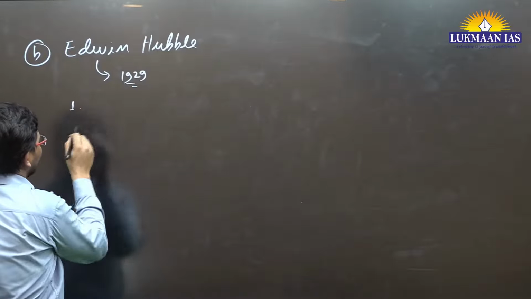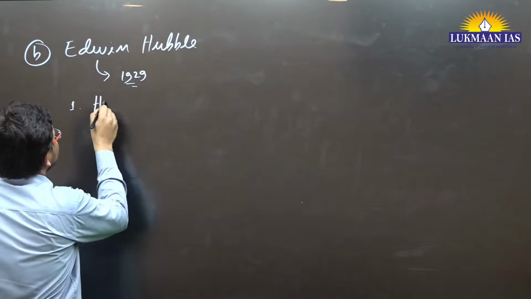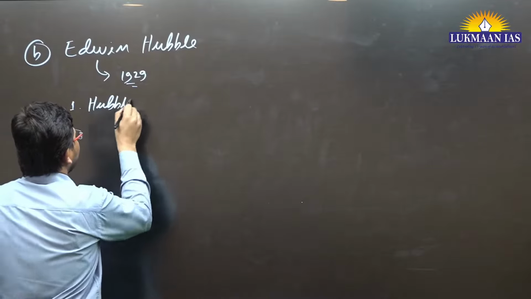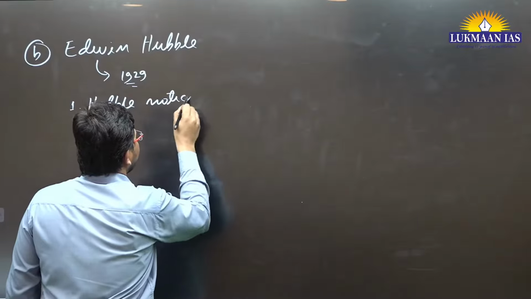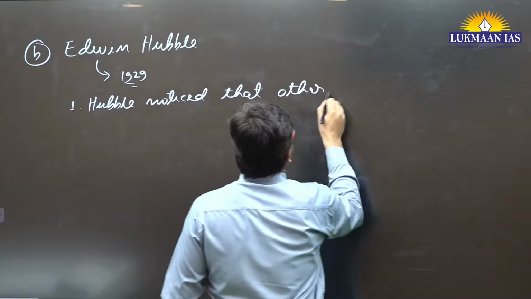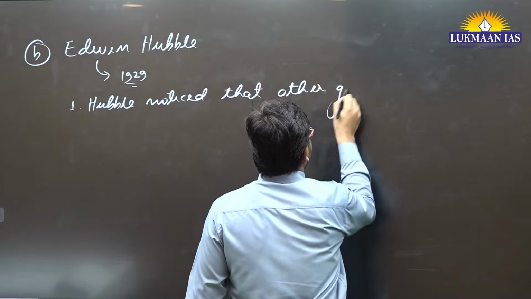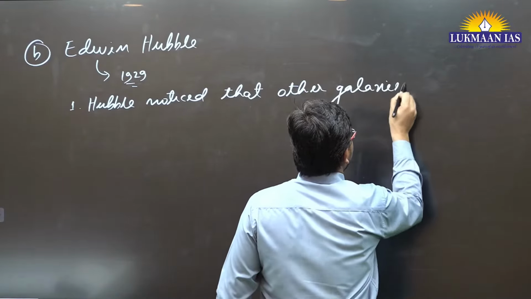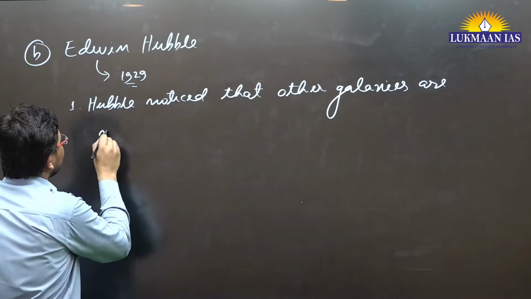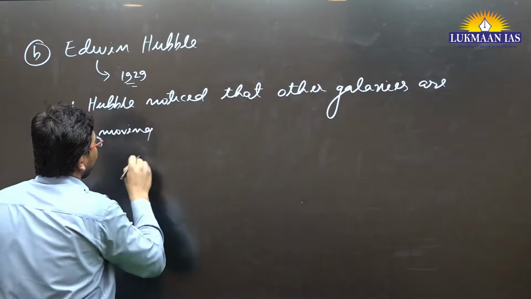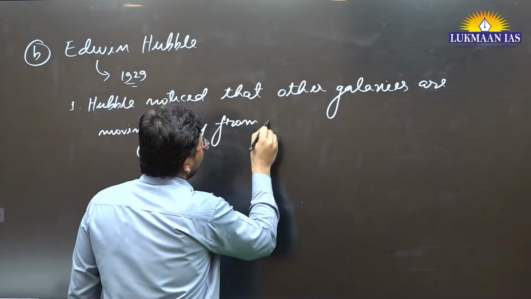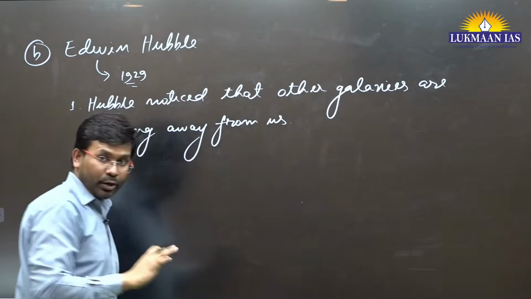Number one, Hubble noticed that other galaxies are moving away from us. This is an important thing.